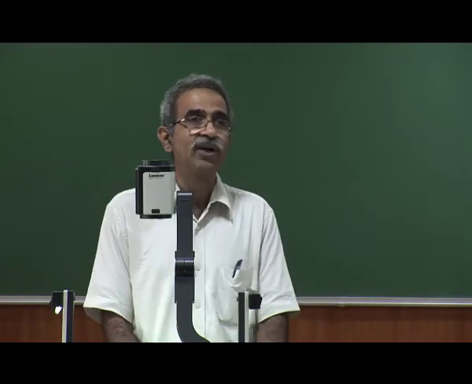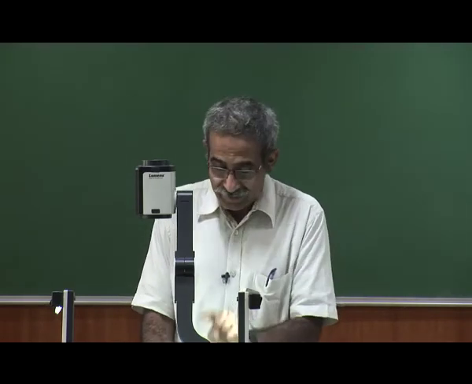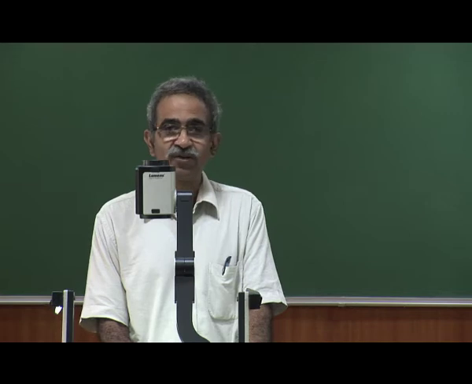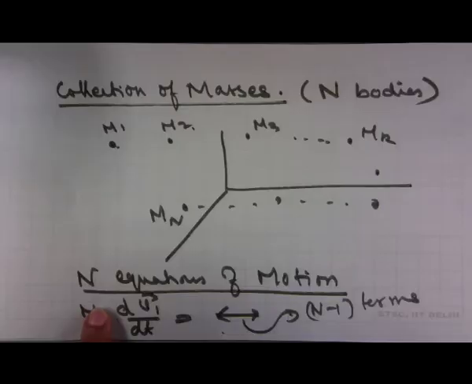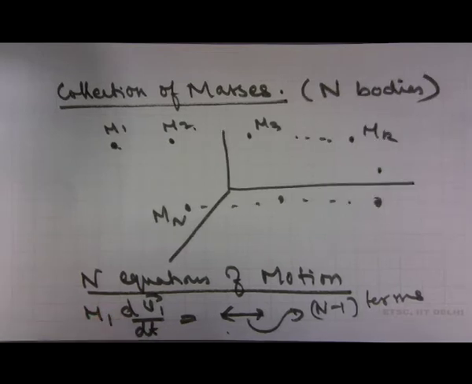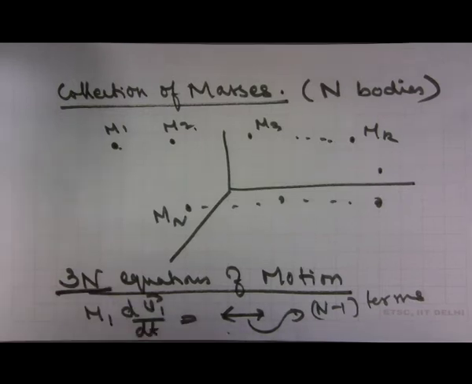No body will act upon itself. It is always acted upon by other bodies. That is our assumption. And this statement that n equations of motion is what we have is also a misnomer, because each equation is actually a collection of 3 equations, because it is a vector equation. Therefore, let us be more honest and let us write 3n equations of motion.